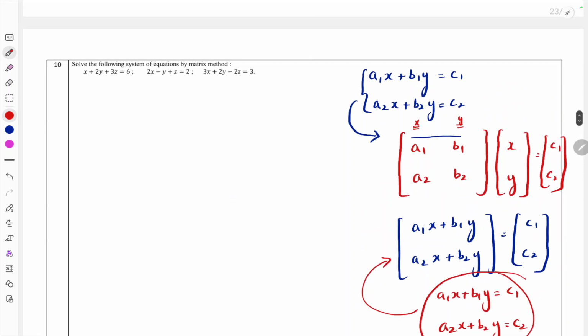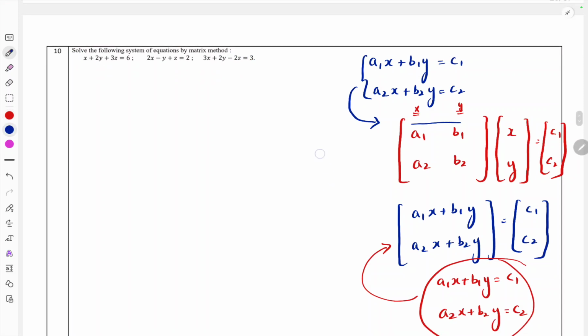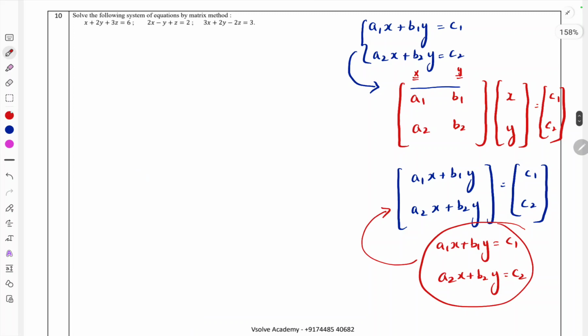Same thing here, if we have two variables and two equations, we will get some 2 cross 2 matrix. So if we have 3 variables and 3 equations, then we will get 3 cross 3 matrix, since x, y, z, 3 variables we have, as well as 3 equations. So here we call this as matrix A, and this is matrix x equal to B. So we have Ax equal to B.